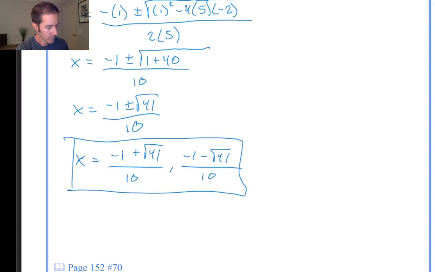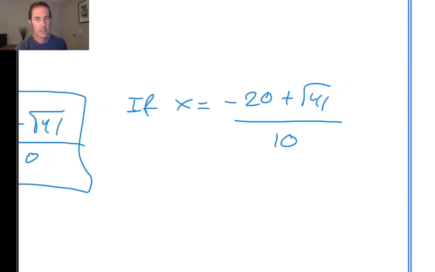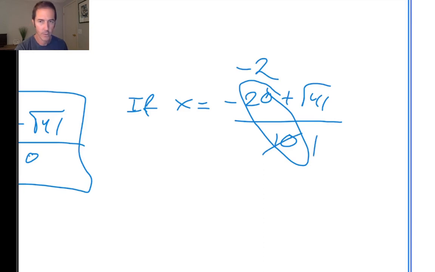So this is just an aside. If x equaled, let's say, -20 plus the square root of 41 over 10, could I reduce or simplify this statement? Yes and no. Could I reduce this and turn it into a -2 and turn this into a 1, essentially making it a 1? And then my final answer would be -2 plus the square root of 41. The answer is no. You're not allowed to do that.